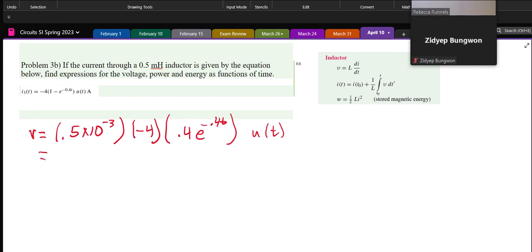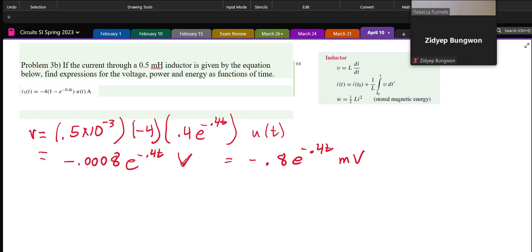And then if I multiply these together, I get negative 0.0008 e to the negative 0.4t volts, which is the same as negative 0.8 e to the negative 0.4t millivolts.